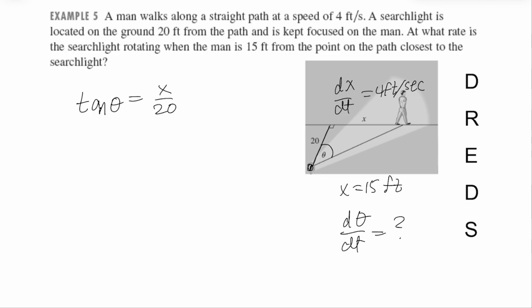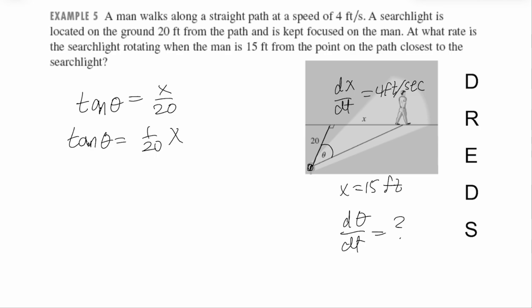Now remember those rewrites we did? I would write this as the tangent of theta is 1/20th of x. So now let's think about what we know. We know dx dt, we know that we want d theta dt, and we know x. Let's do our derivative.